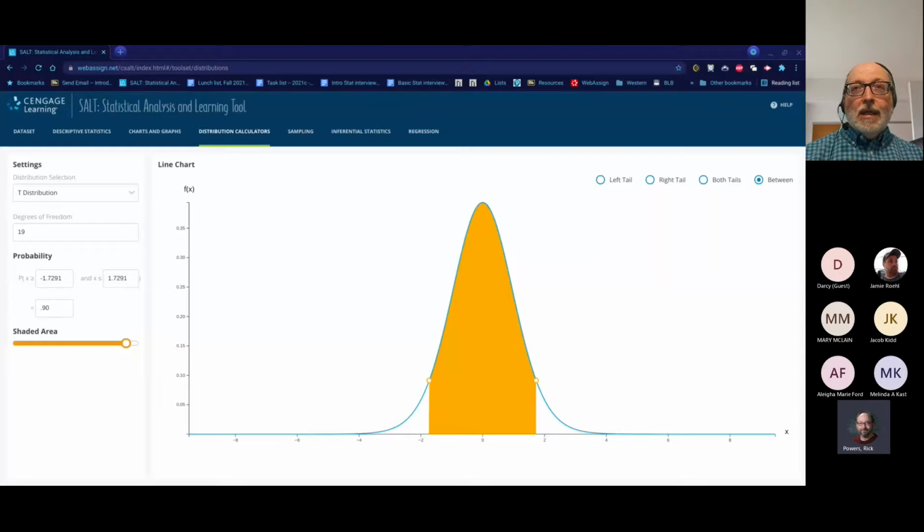What about this t-distribution stuff? Well, as it turns out, when we're thinking about doing the t-distribution, it requires a bell-shaped population data set.